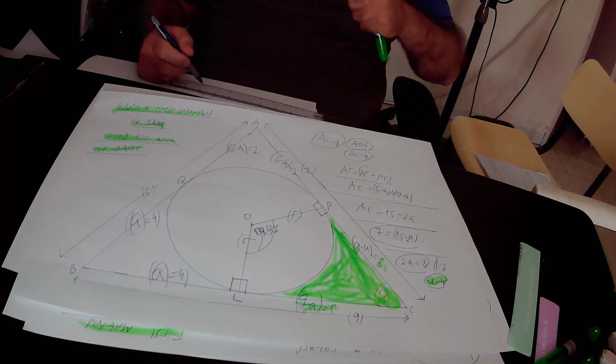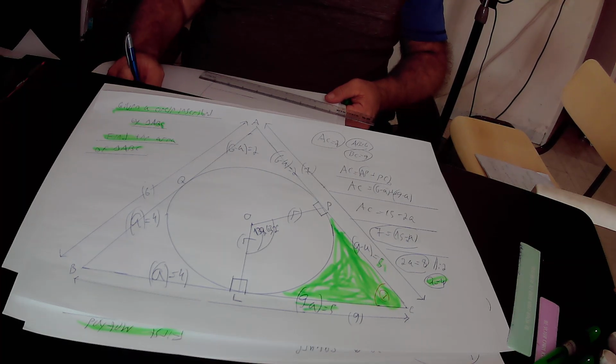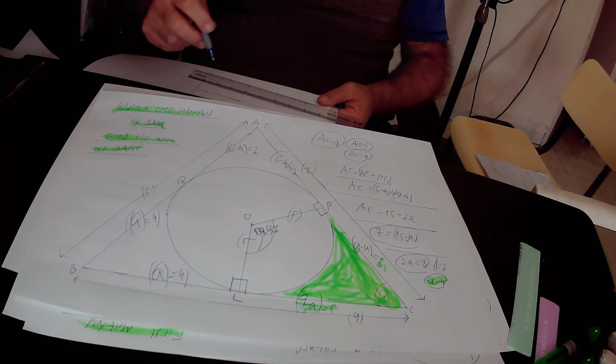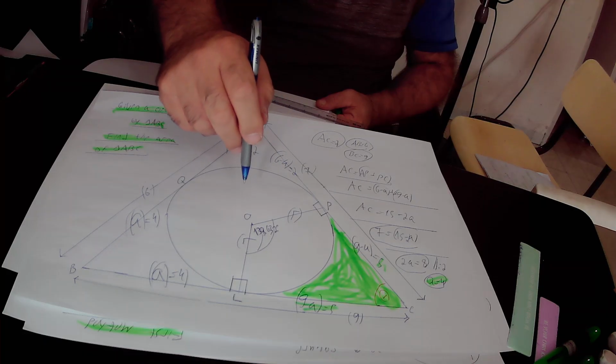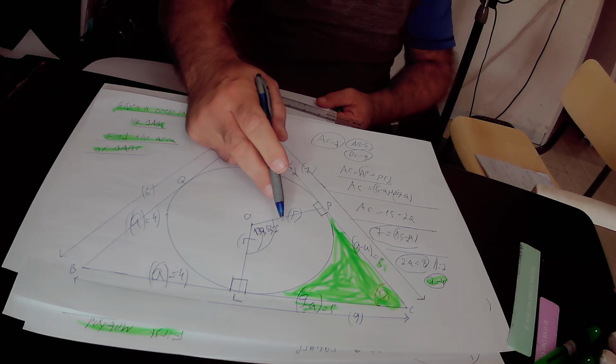From the drawing, it is very easy to see that the area of the green shape in total equals the area of this quadrangle POLC minus the area of this sector POL.